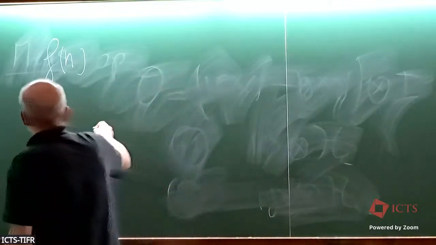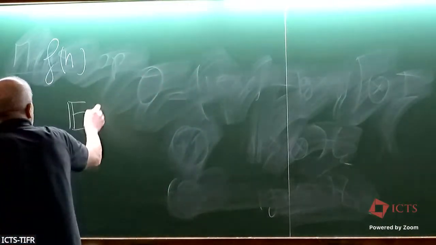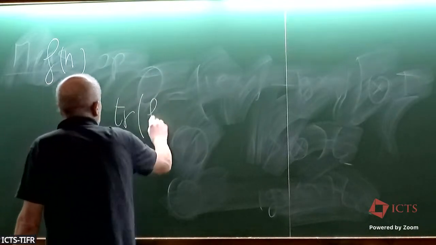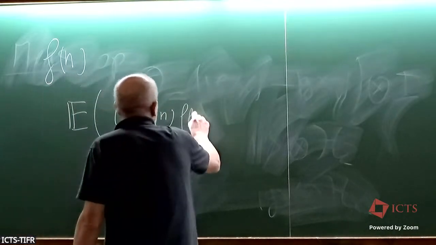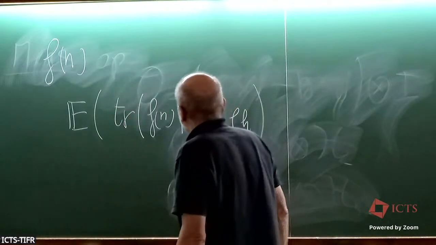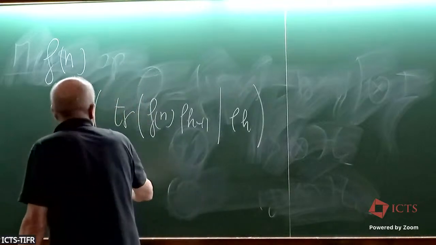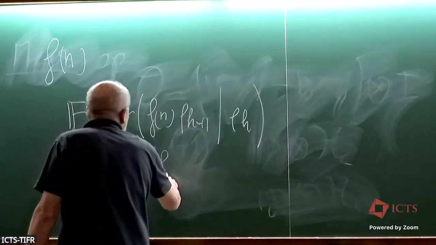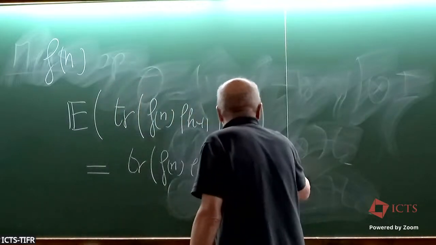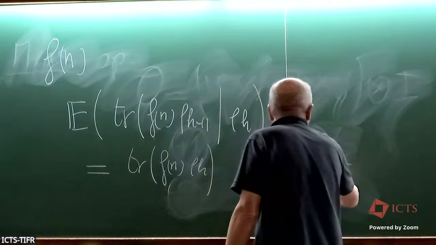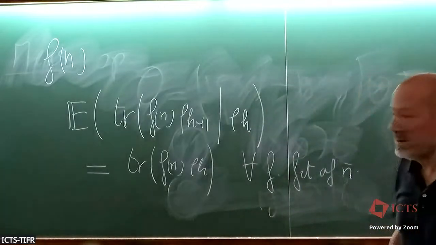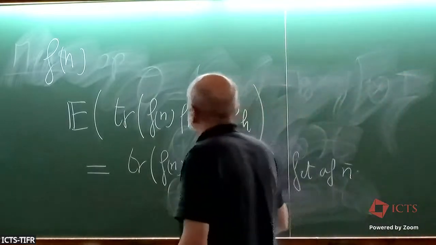Which means that if I take the expectation value of the trace of f of n, rho k plus 1, knowing rho k, it is exactly the trace of f of n rho k, for all functions f of n. Why is it like this? It is obvious, in fact.